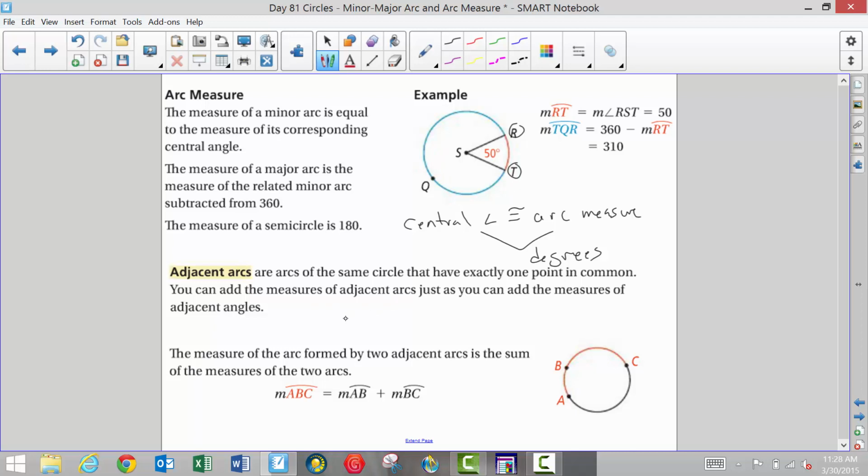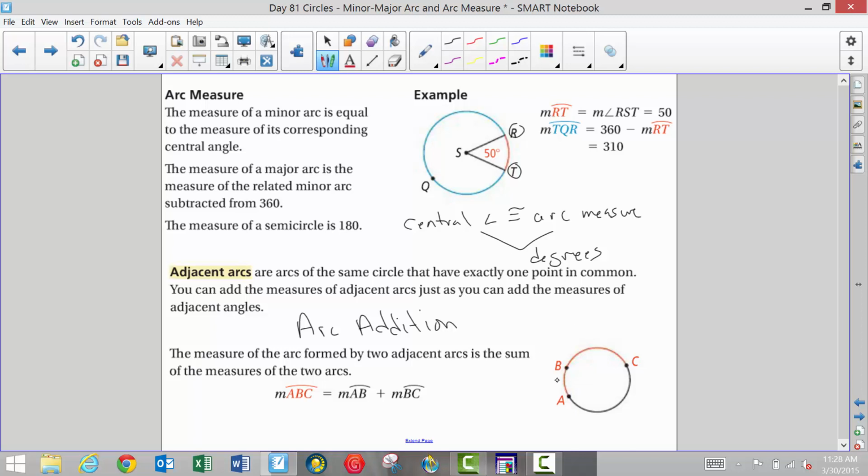You can also use arc addition. So down here is arc addition. If you have 2 adjacent arcs that share a point on the circle, they're called adjacent arcs. So I have arc AB plus arc BC. They're adjacent because they share point B. If you add them together, you get the arc of ABC.